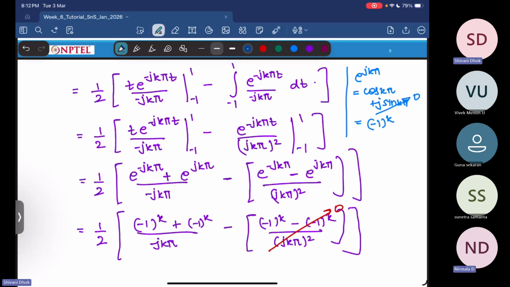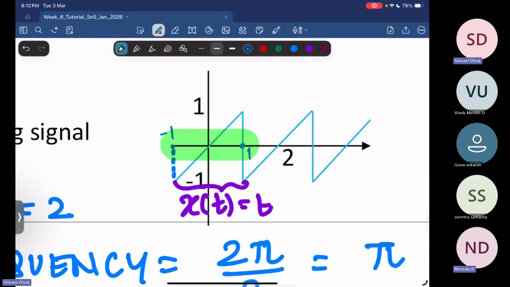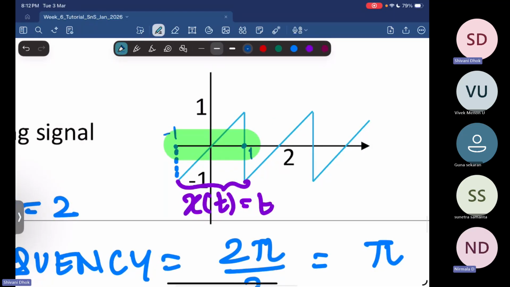Ma'am, one doubt. Can you explain how we are taking the function as x of t is equal to t? It is linearly varying, but it is varying in the negative part as well as the positive part, no, ma'am? Yes.